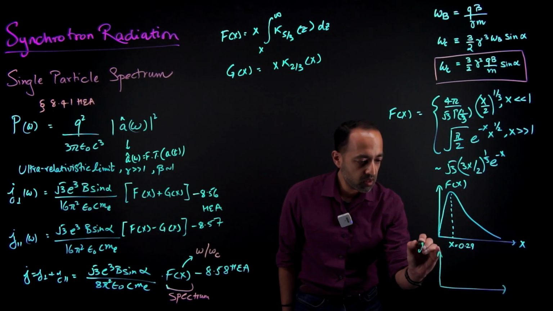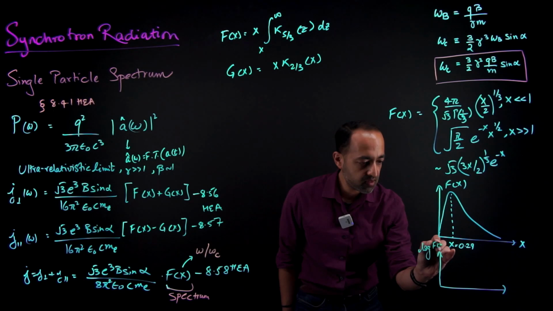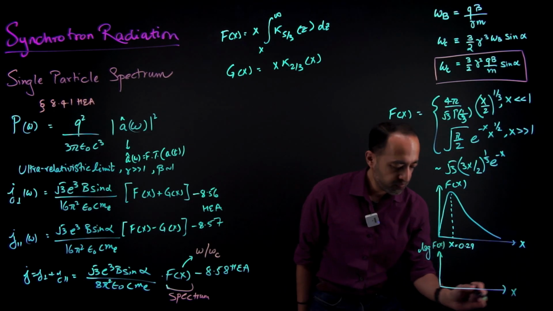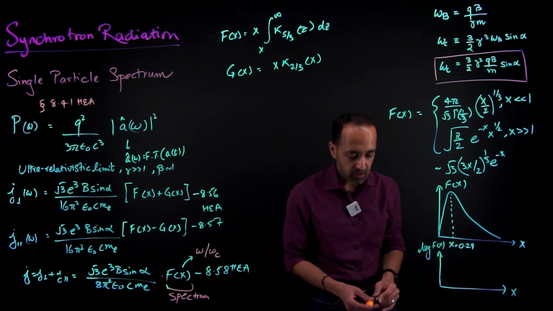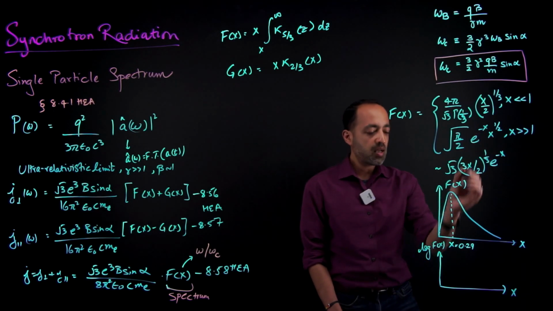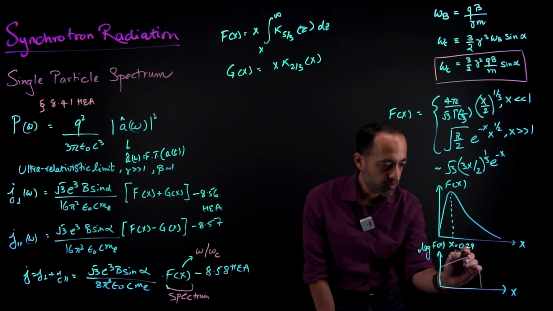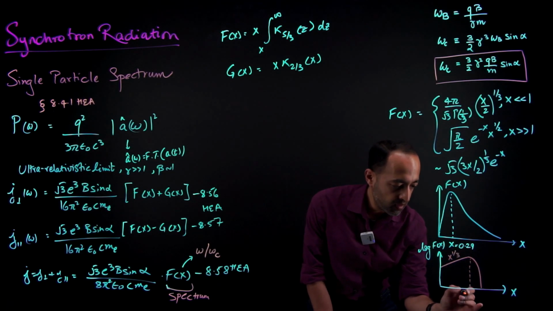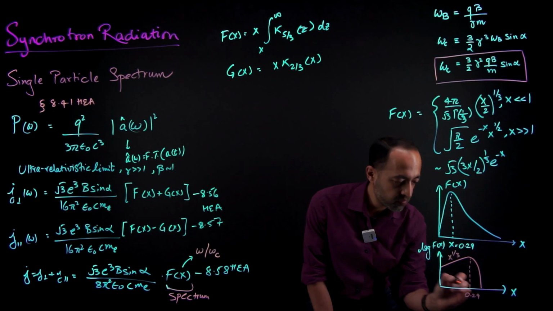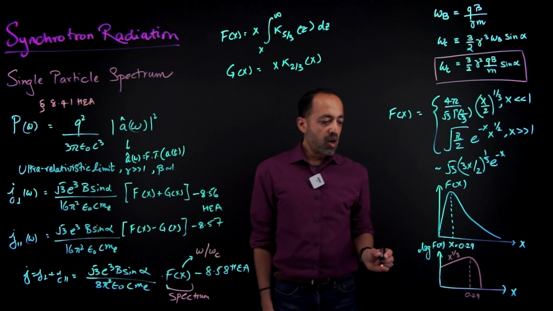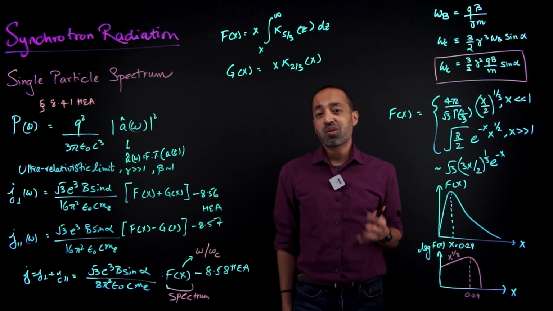So you can plot log of f of x as a function of x. In that case, you can see at small x, this is just a power law, x to the 1/3, and then it falls off exponentially at about 0.29. For our purposes, by the way, we're going to take the 0.29 to be of order 1.